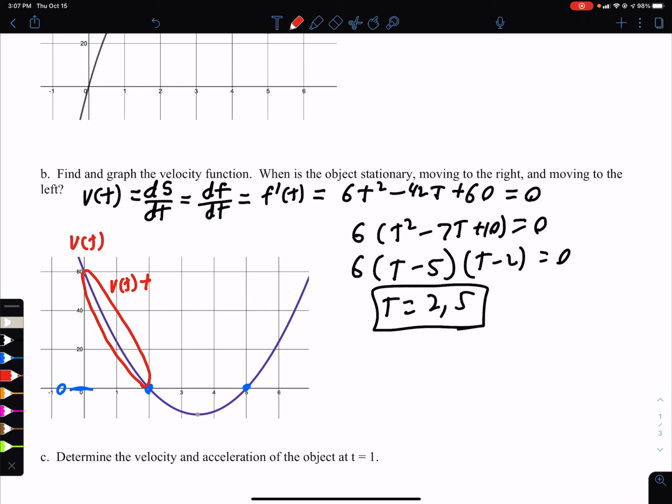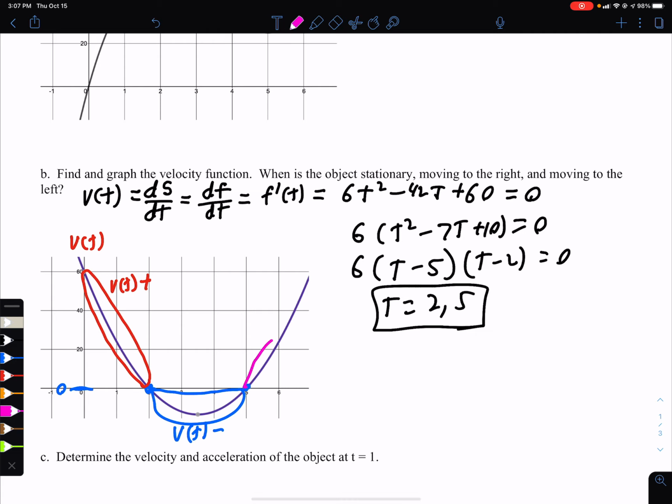If I asked you, is this graph positive or negative, you wouldn't hesitate and say, oh, it's above the x-axis, it's positive. But sometimes you think, oh, velocity, it's a slope, and you say, oh, it's going downwards, it's decreasing, the slope's negative. But that would be if this was a position function, you could look at the slopes to get the tangent lines, but this is the velocity. So it's negative there. In this region between 2 and 5, the velocity is negative because it's below the x-axis.